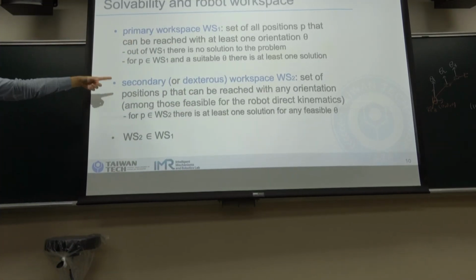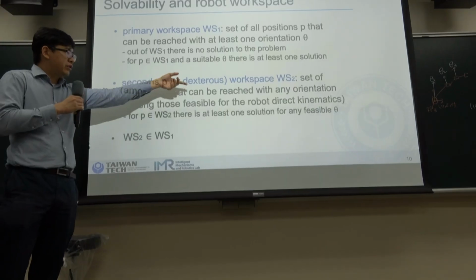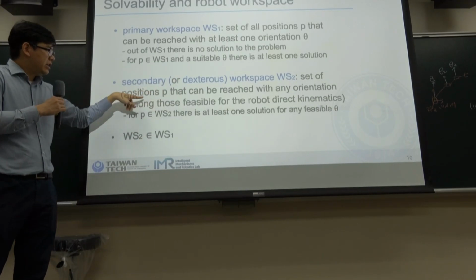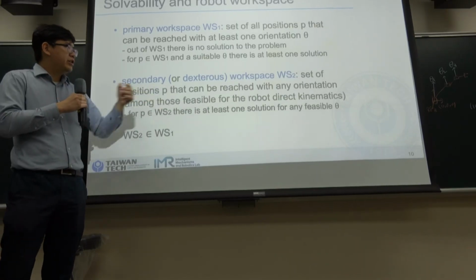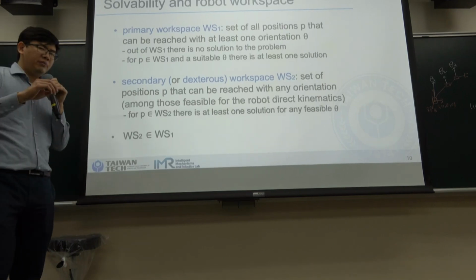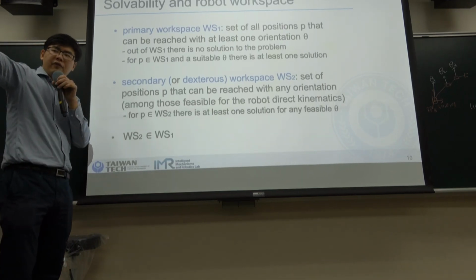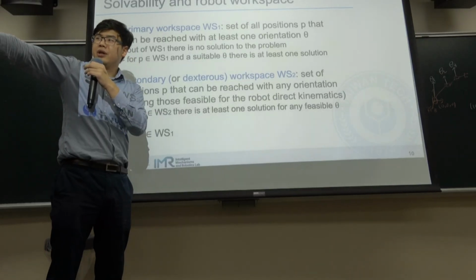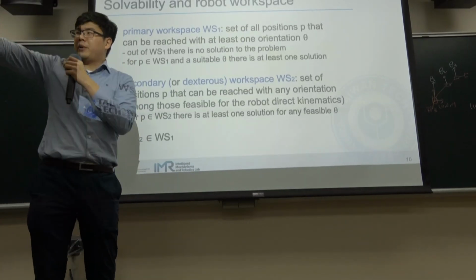And the secondary workspace will be the dexterous one, which means that this position can be reached by any orientation. So for example, for this point with my arm, I can only reach it in this orientation, like the first point.